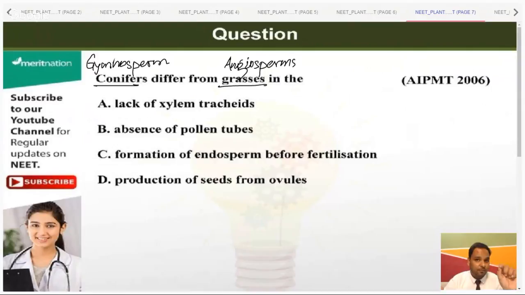Now, when the triple fusion happens and the polar nuclei fuses with a male gamete, it forms endosperm. This endosperm, one of the most important characteristic features of angiosperm, is triploid. It's not haploid, it's not diploid, it's triploid.